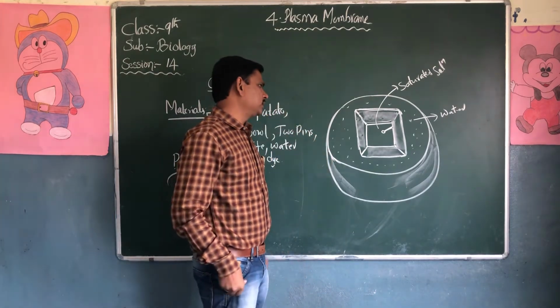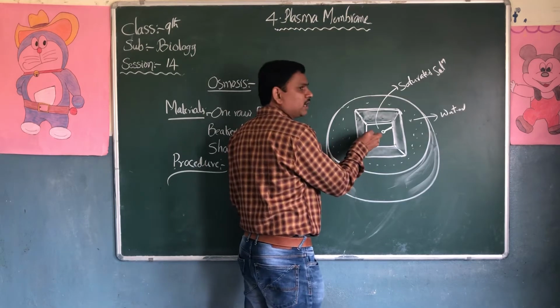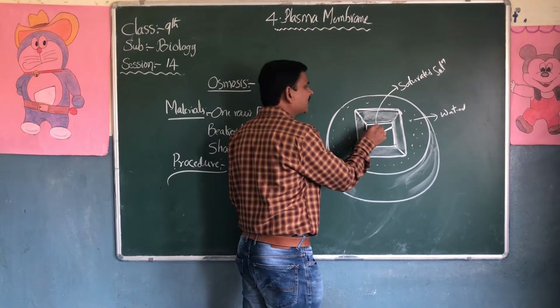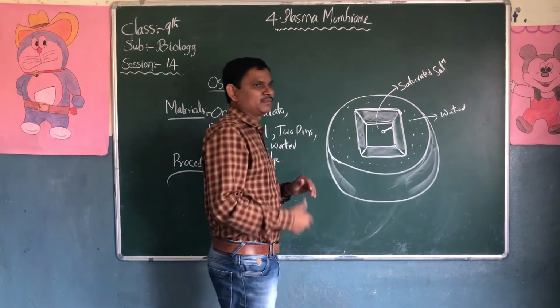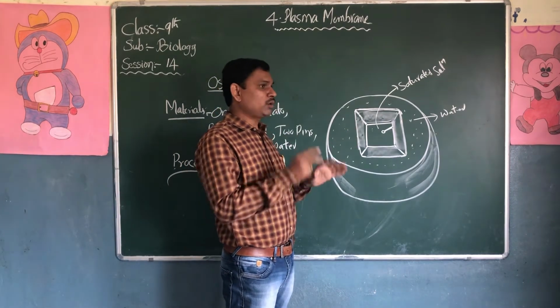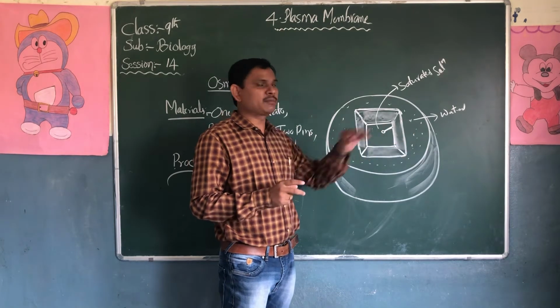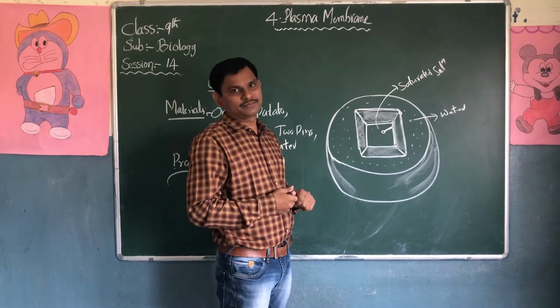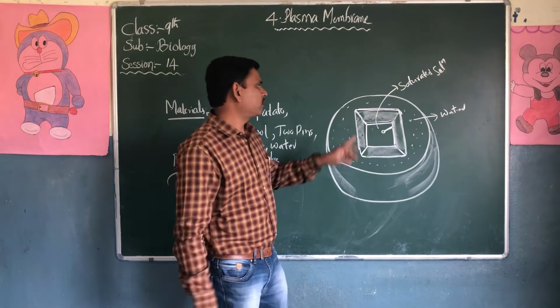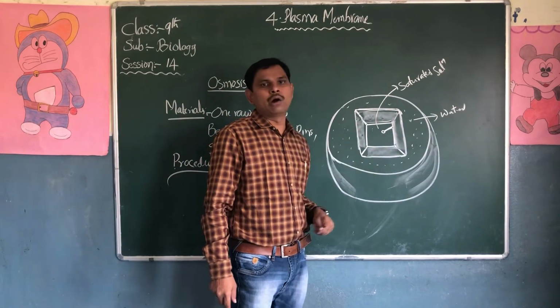What happens? We add some dye or color to the saturated solution, so that it can be identified, since the normal water has no color. We have taken saturated solution in the potato and normal water in the bowl.